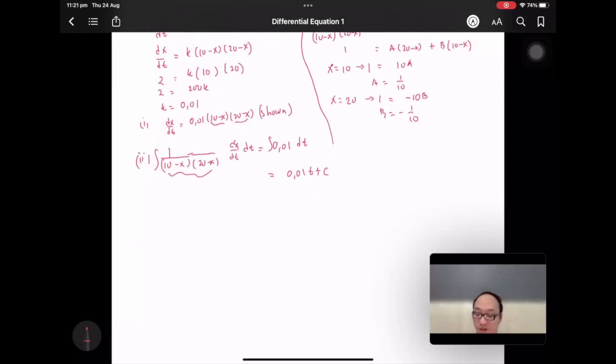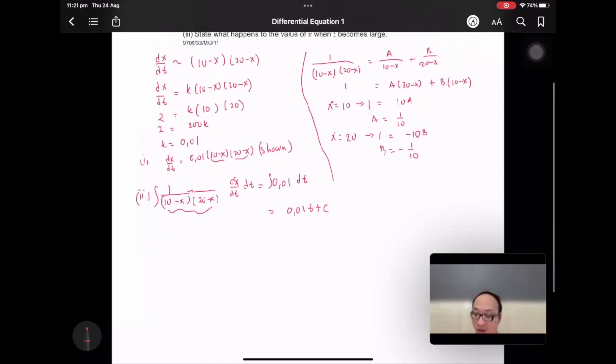So from here, I can have that this one equals 1 over 10 times 1 over (10 minus x). B is negative, so minus 1 over 10 times 1 over (20 minus x).